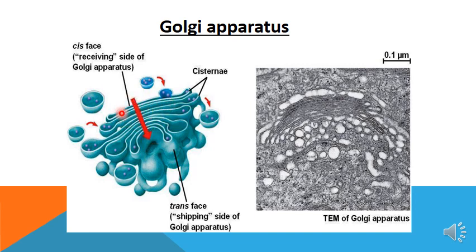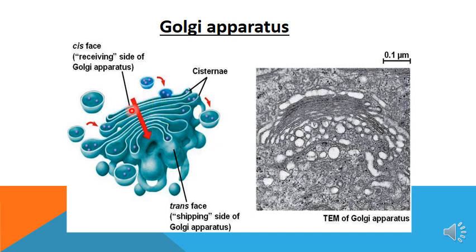The channels of the Golgi apparatus are called sacules, which are formed of a narrow middle part and a dilated peripheral part.